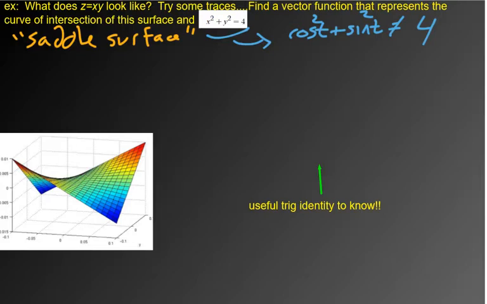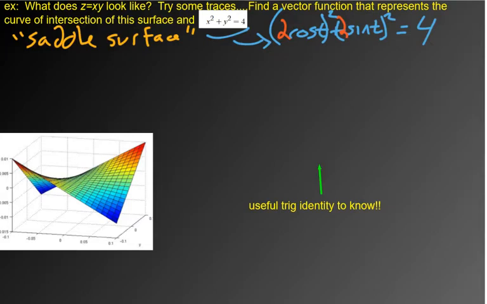I don't think it's super hard to see. If you want to get a 4 instead of a 1, just stick 2's in front, and then if you square that whole thing, it really will equal 4, right? Because you'll get a 4 in both terms that you could factor out, and then 4 equals 4.